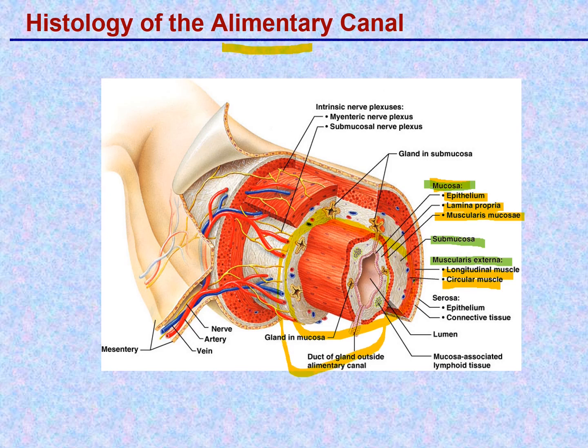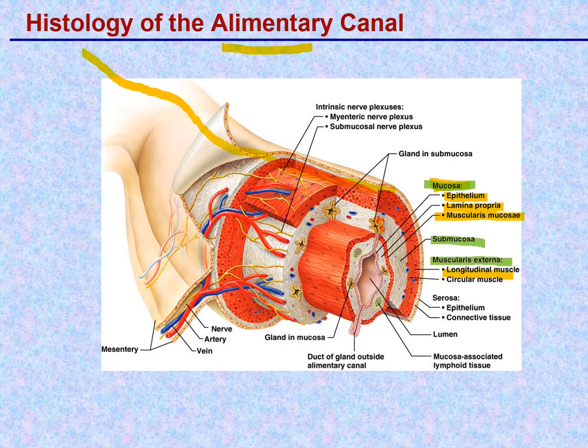And then there's the longitudinal muscle, and that runs the length of the tissue, so it's going up the tissue. So we have 2 layers in the muscularis externa: a more internal circular muscle layer, and more external to that, a longitudinal muscle layer.